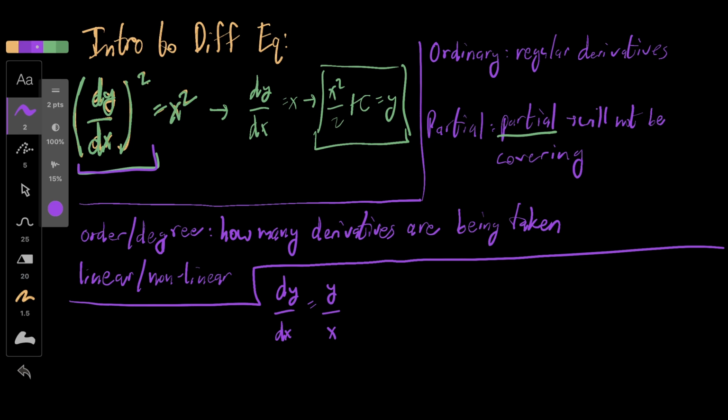But what if we take this y and put it on this side, and keep this x over here, and then have the dx go on this side? Well, that would give us dy by y is equal to dx by x.